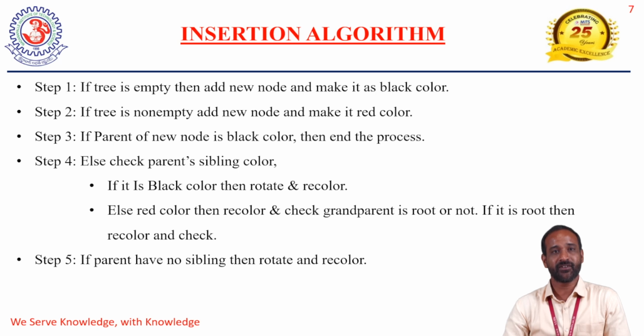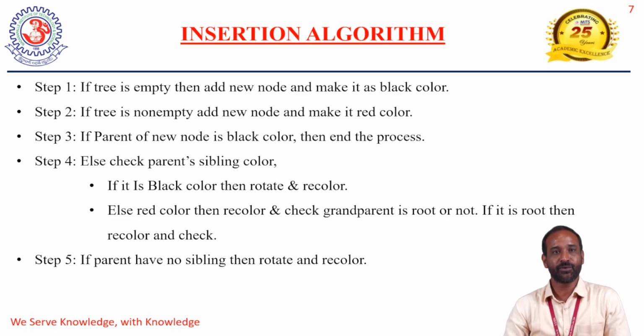In step 1, first we check whether the tree is empty or not. If it is empty, then add the new node with black color. Because in a red black tree every new node should be inserted as red, but if the tree is empty, we insert it as black, because that node will be the root node of the entire tree. So the root should be black.